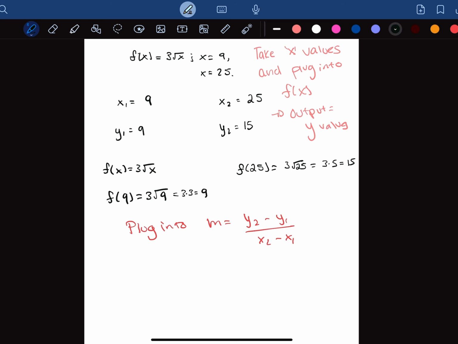All right, so now our m is equal to our y2, which is 15, minus our y1, which is 9, divided by our x2, which is 25, minus our x1, which is 9. So 15 minus 9 is 6, and then 25 minus 9 is 16.